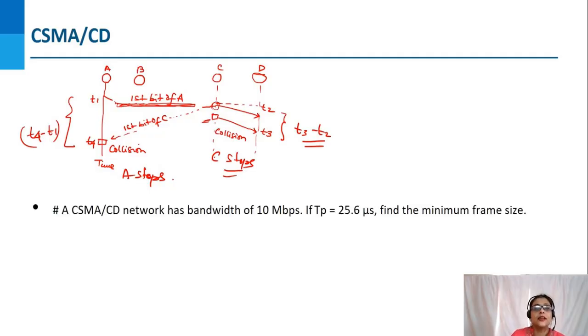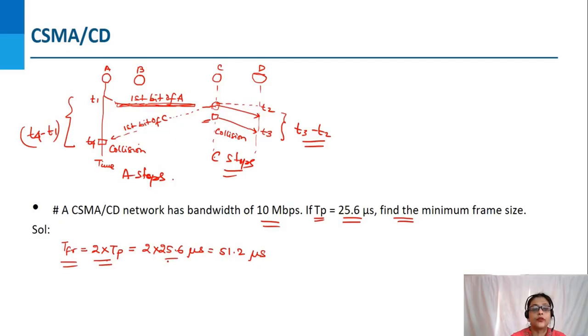A CSMA CD network has a bandwidth of 10 Mbps. If the propagation time is 25.6 microseconds, you have to find out the minimum frame size. Let's look at the solution. TFR is given as 2 times propagation delay, or TP. Here TP is 25.6 microseconds.